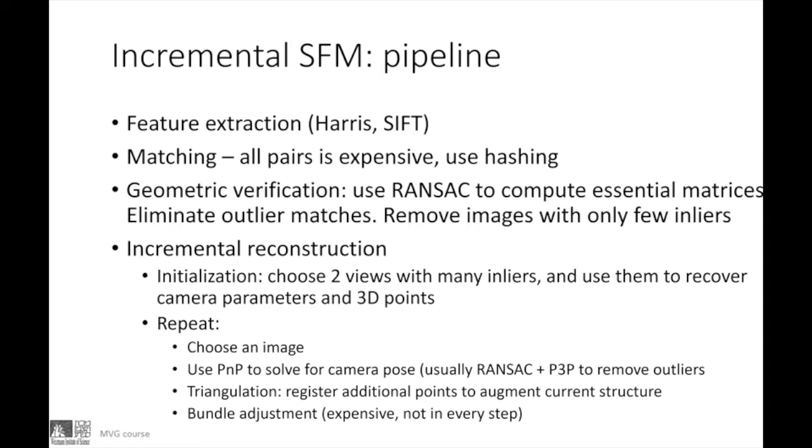Okay, so in this step, we compare the existing reconstruction with the new image and determine the new camera pose using P3P and RANSAC. Okay. Next, we do a step of triangulation.